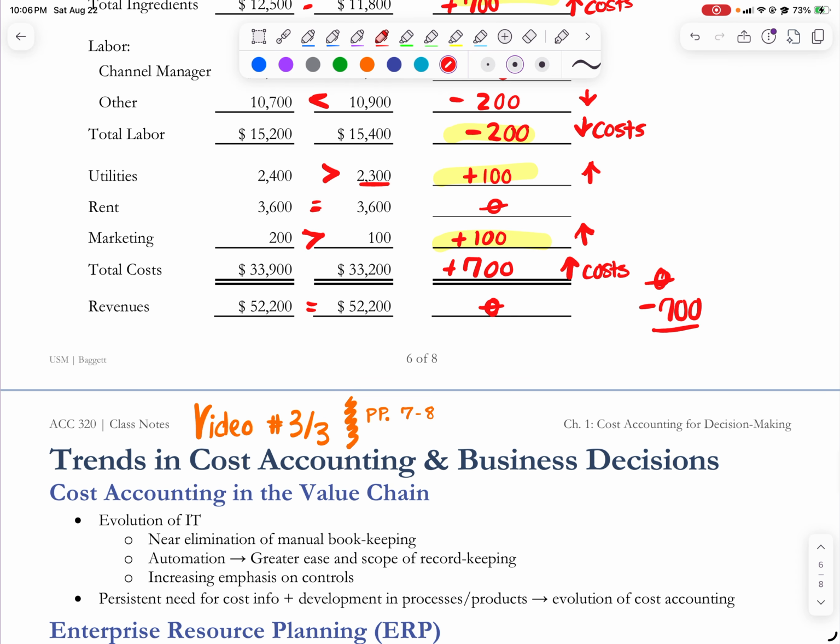It doesn't really matter how you assign signs to these as long as you understand higher cost means less income. Higher revenues means more income. Lower cost would also mean more income. So the signs you assign to them here are not super important. Understanding what their impact on income is.